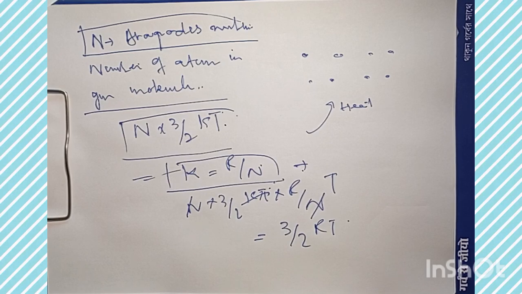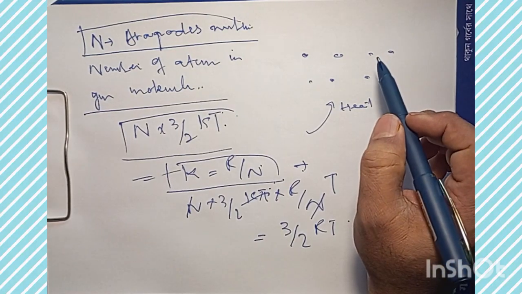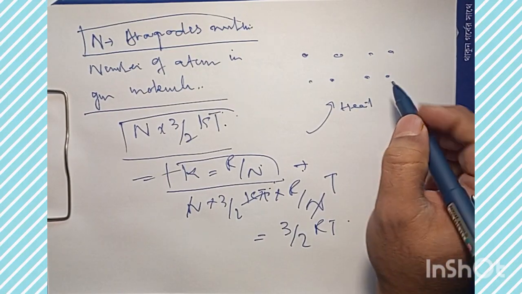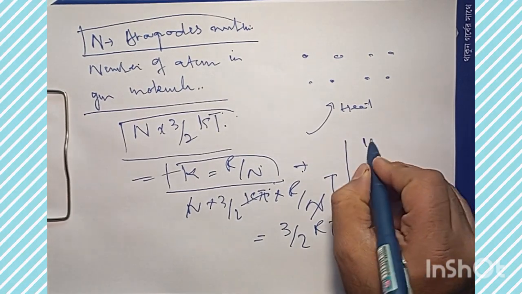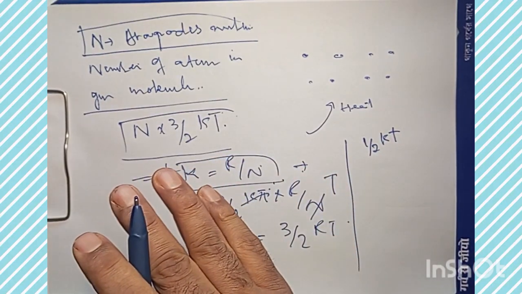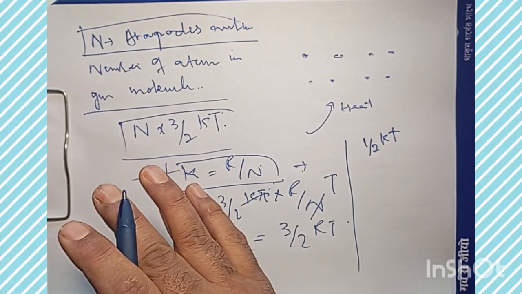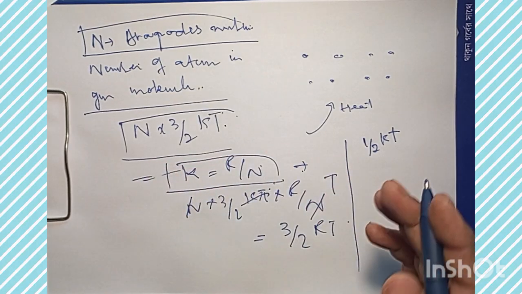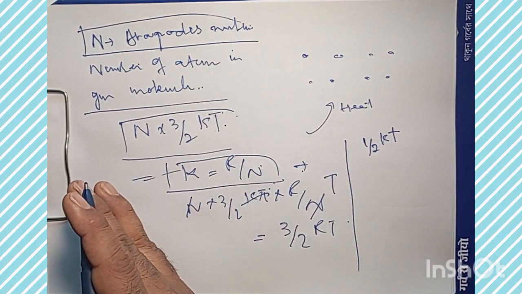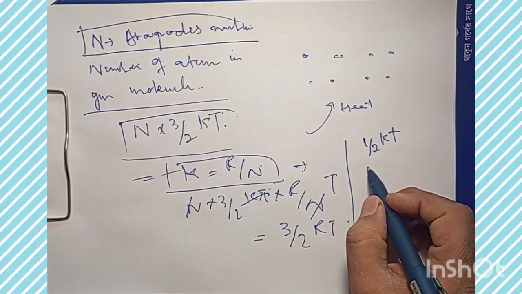And at the same time, if we assume that the mean potential energy that exists between these atoms in this solid, which has three components of vibration, is also equal to 1 by 2 kT, averaged, and we take it the same as that of the mean kinetic energy of the atoms in this solid, then what will be the total energy?